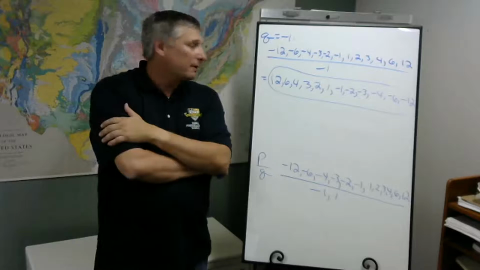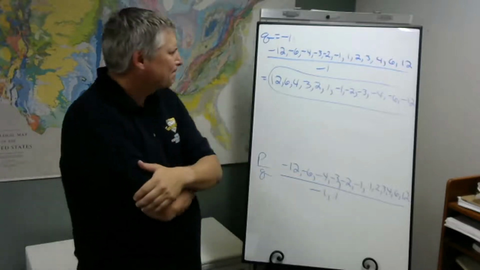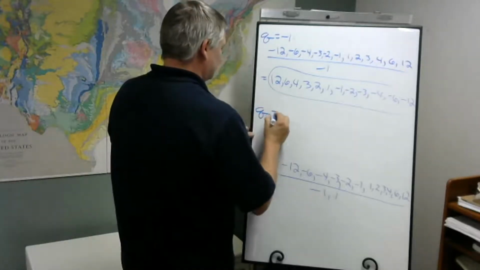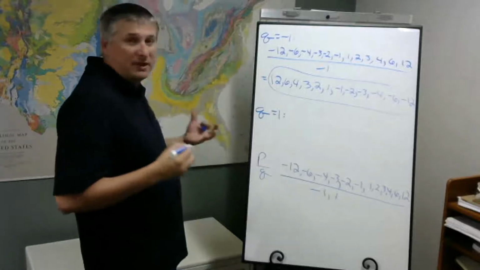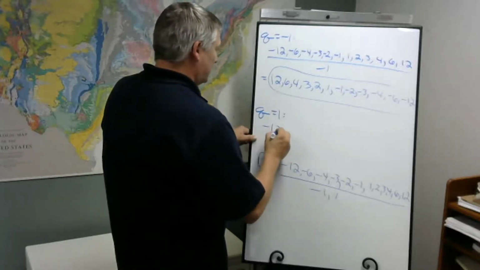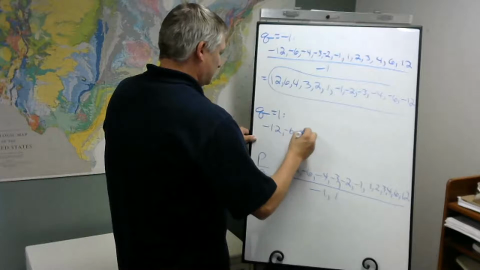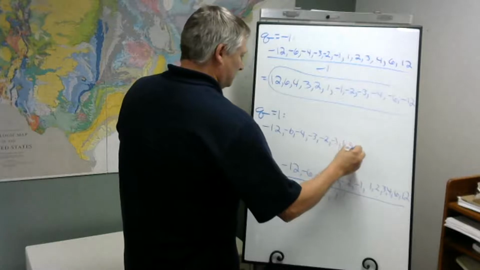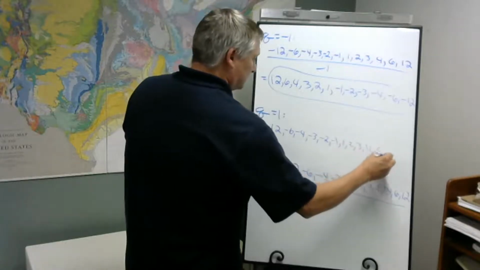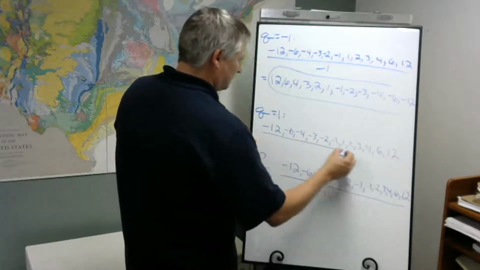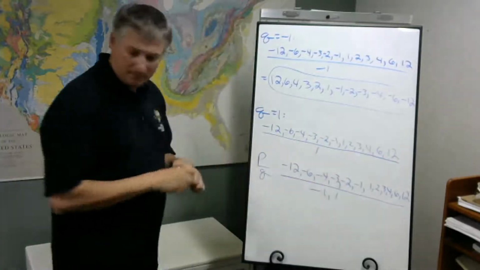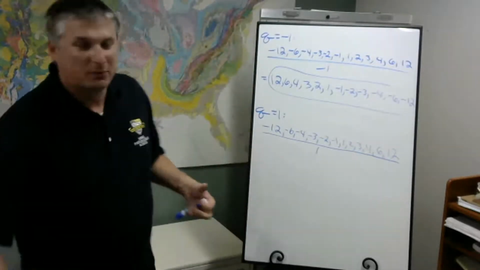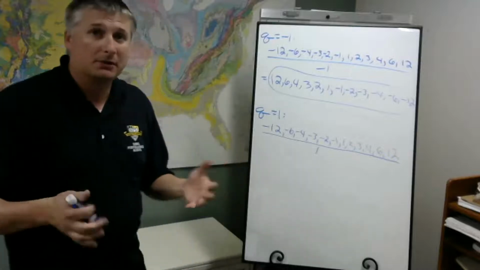So if we let Q be negative 1, this is what we're going to get. Now if Q is positive 1, well, same thing: negative 12, negative 6, negative 4, negative 3, negative 2, negative 1, 1, 2, 3, 4, 6, and 12. And dividing by 1, of course, doesn't change anything, so we're just going to get this list.